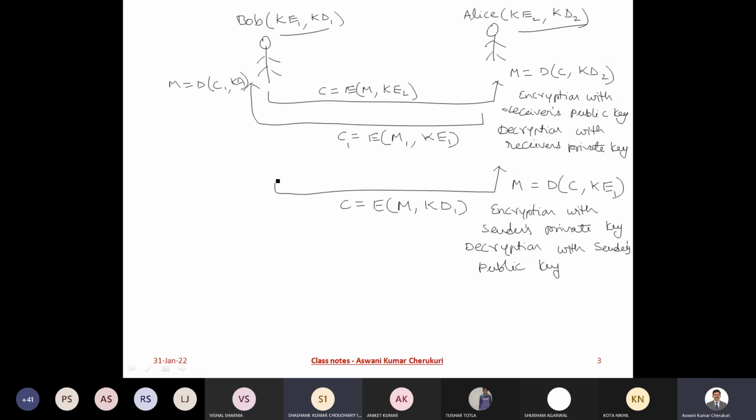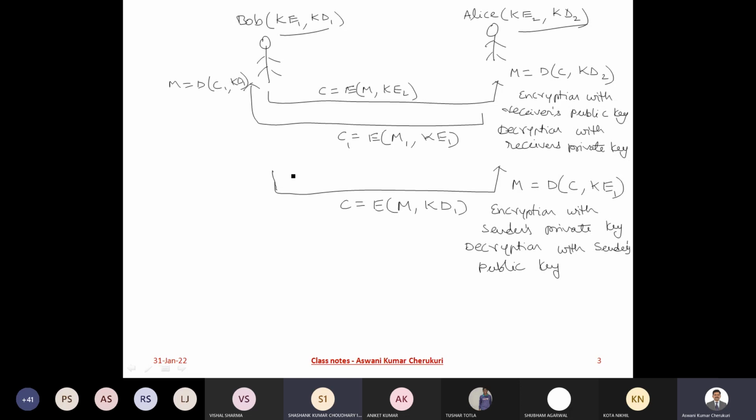As someone rightly mentioned, I am using for encryption the private key of Bob. No one else can use that private key, because only Bob knows his private key, so only Bob can encrypt that message.